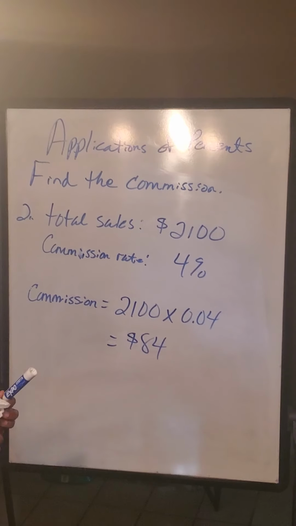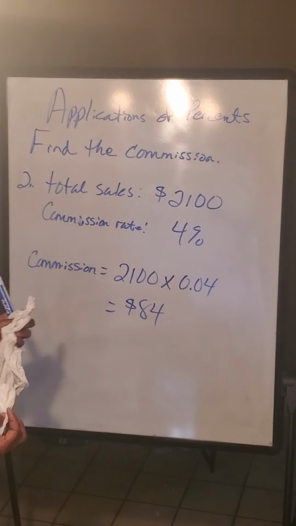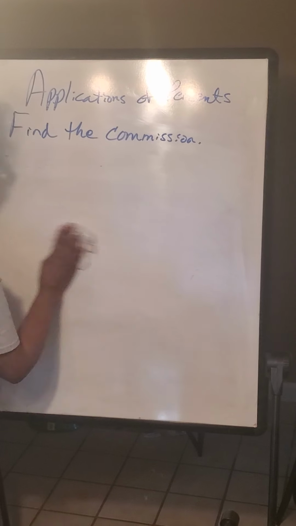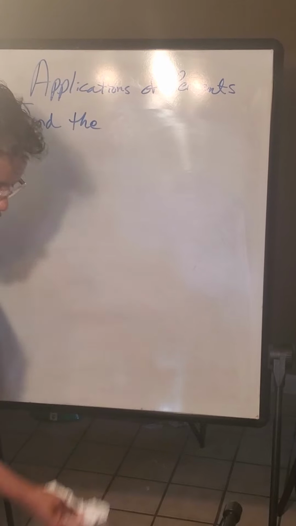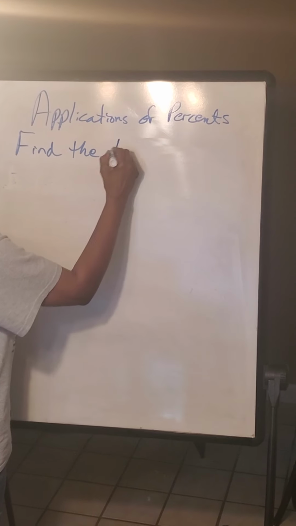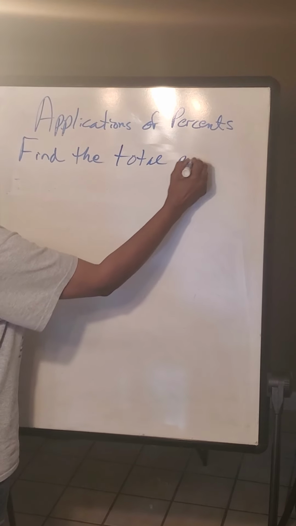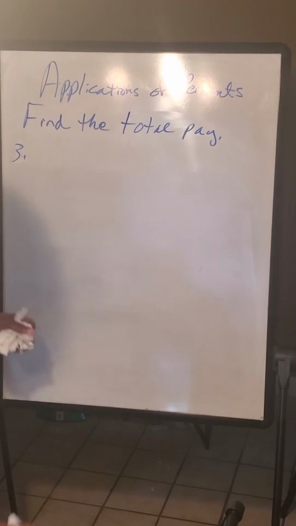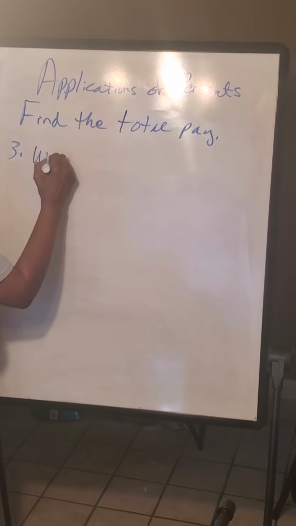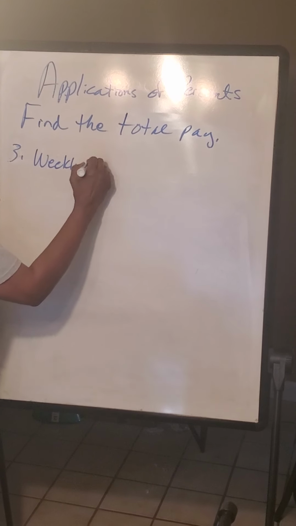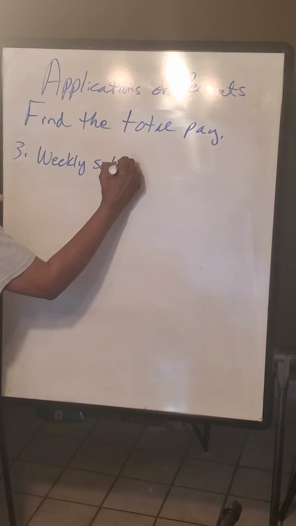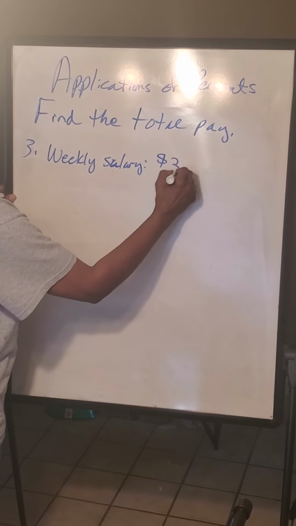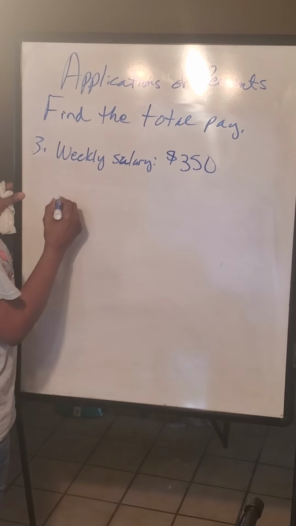The next thing we're going to look at is we're going to find the person's total pay. So let's find the total pay. So for example 3, let's say that this person has a weekly salary of $350.